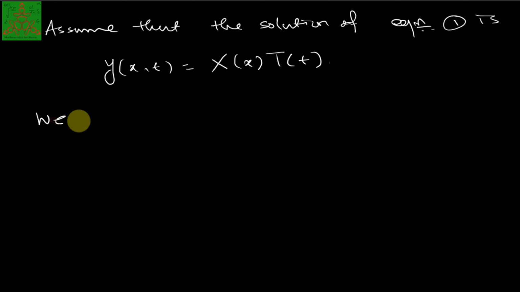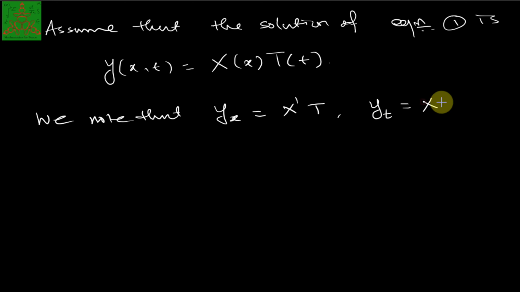We note that yx is X dash T, because the derivative of y with respect to x is X dash, that is dX by dx, into T, because T is independent of x. And yt is X into T dash, and yxx is X double dash into T, and ytt will be X into T double dash.